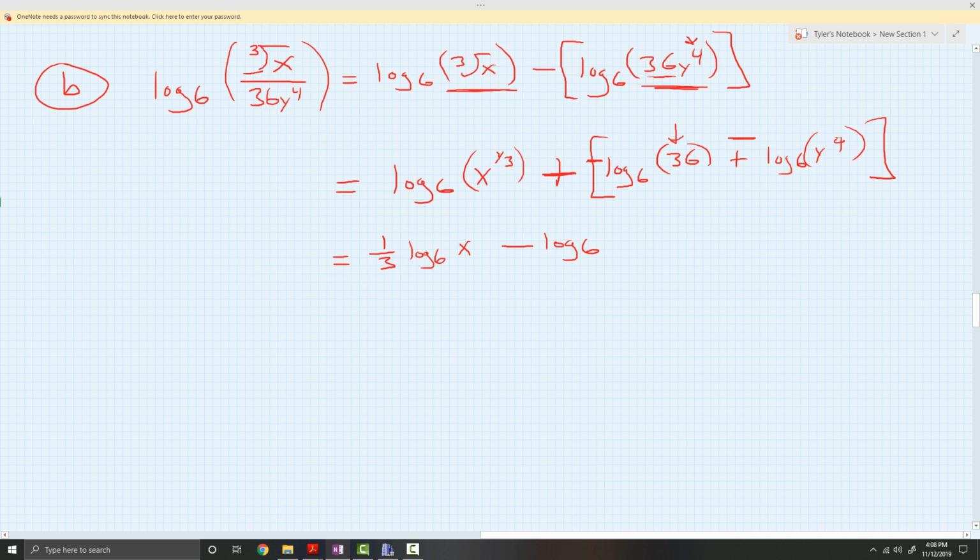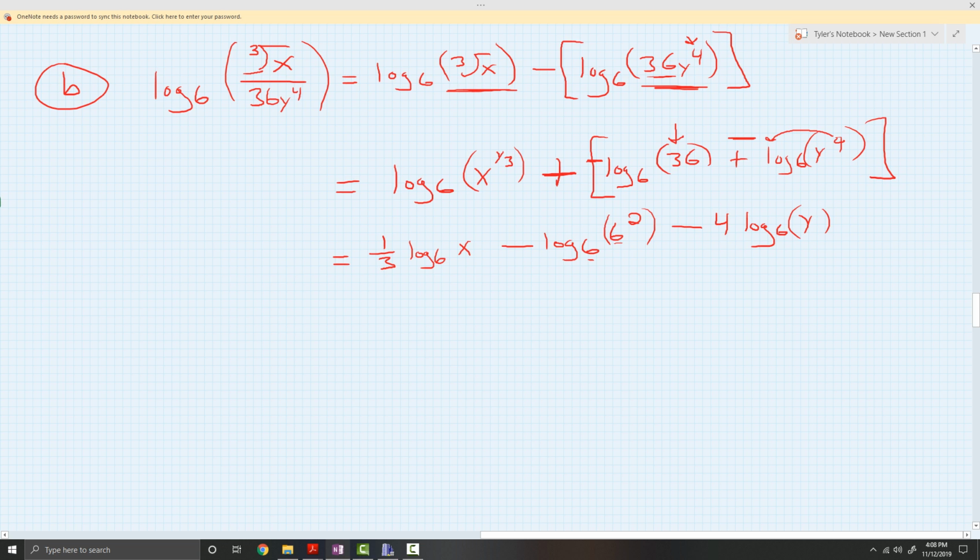One thing you'll notice is that 36 is 6 squared. That sticks out to me because we're dealing with base 6. So let me rewrite 36 as 6 squared. And then we'd have minus, and for this term, I can pull the 4 out front. So this would be minus 4 times log base 6 of y.